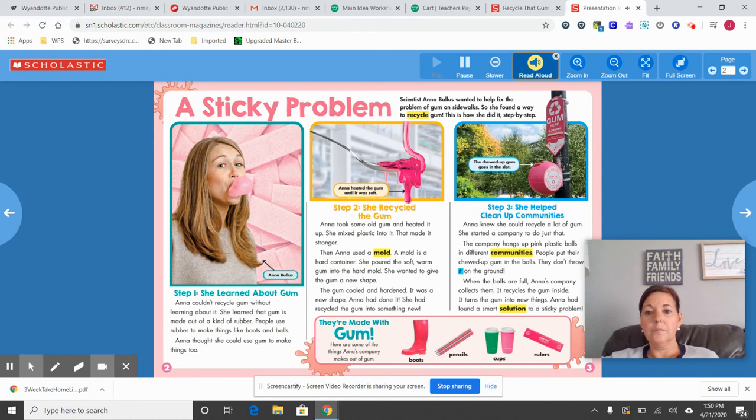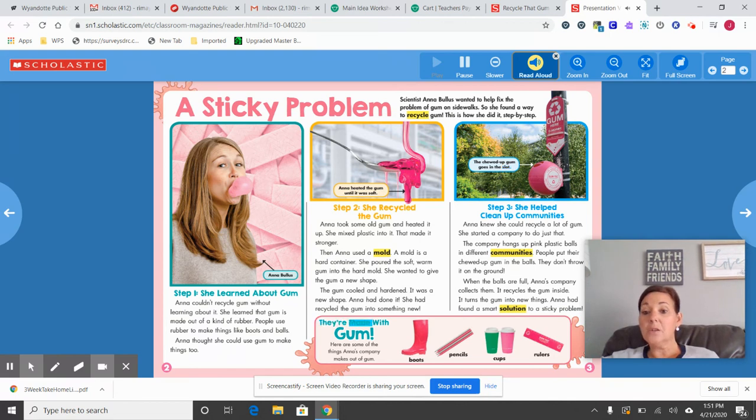They don't throw it on the ground. When the balls are full, Anna's company collects them. It recycles the gum inside. It turns the gum into new things. Anna had found a smart solution to a sticky problem. The chewed up gum goes in the slot.